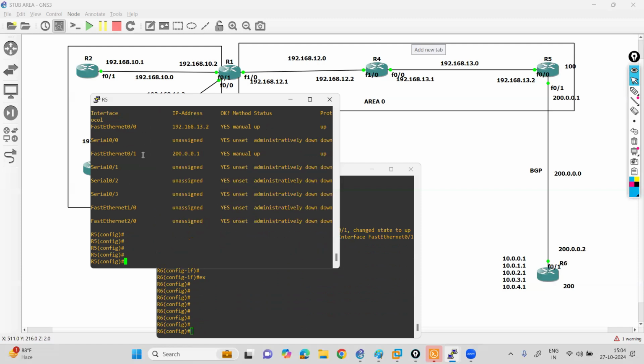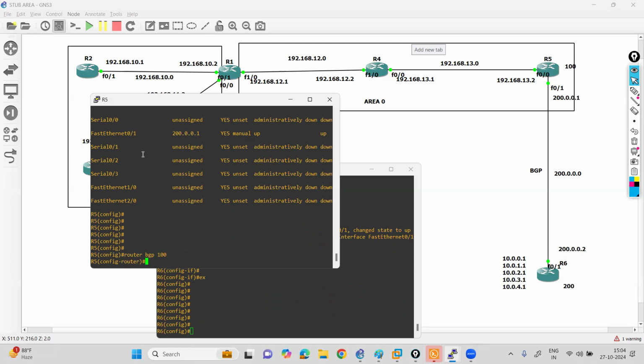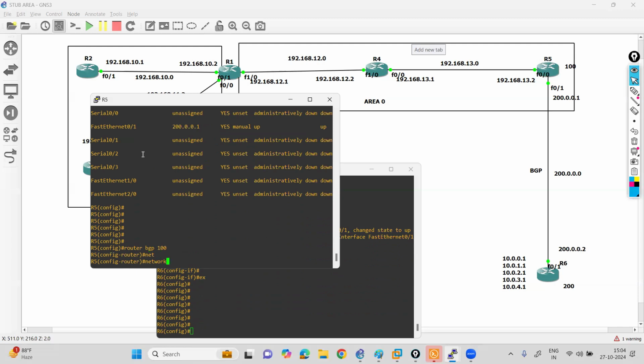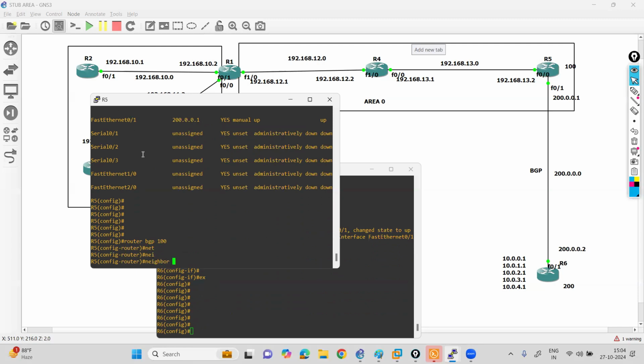Let's go to router number 5. Now let's do the configuration again. Router BGP 100, neighbor. Which one is the neighbor, dear? Neighbor 200.0.0.2, remote AS 200, right?